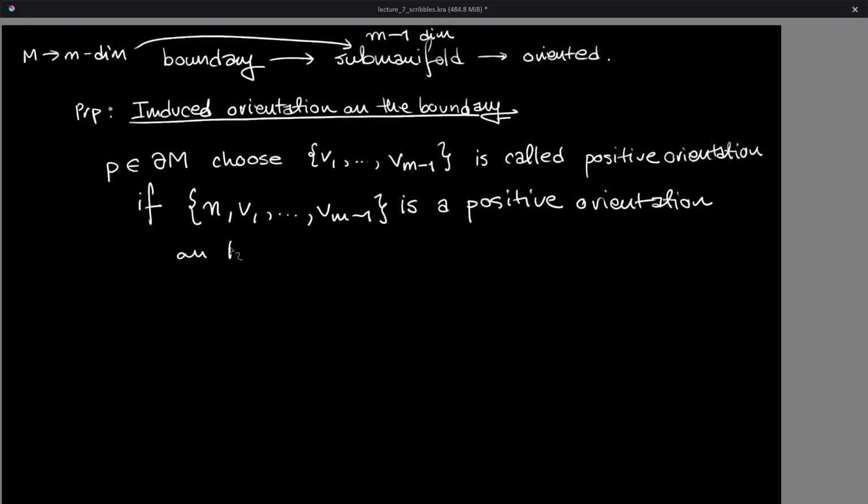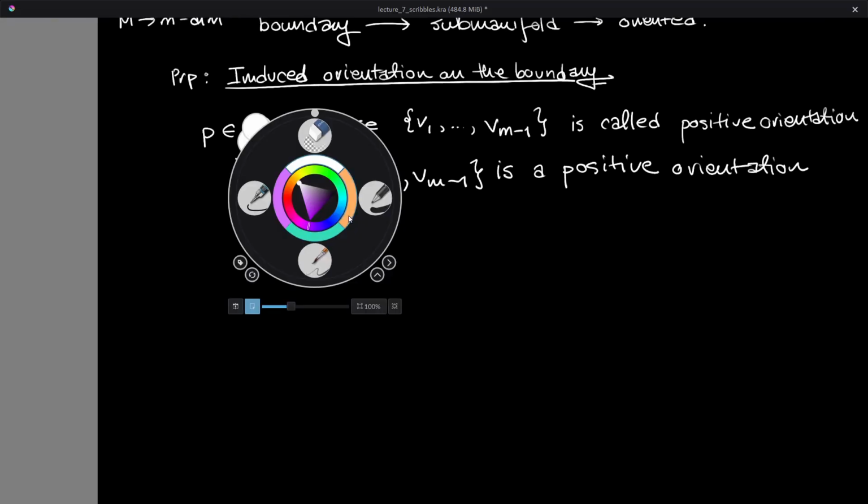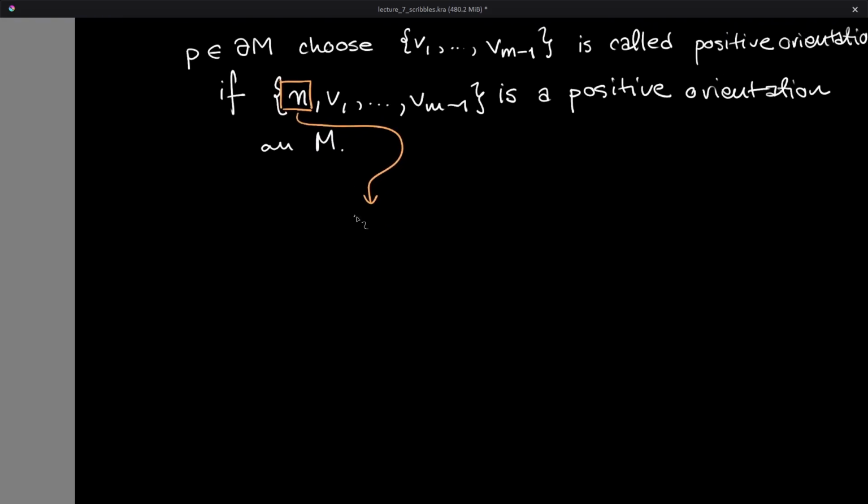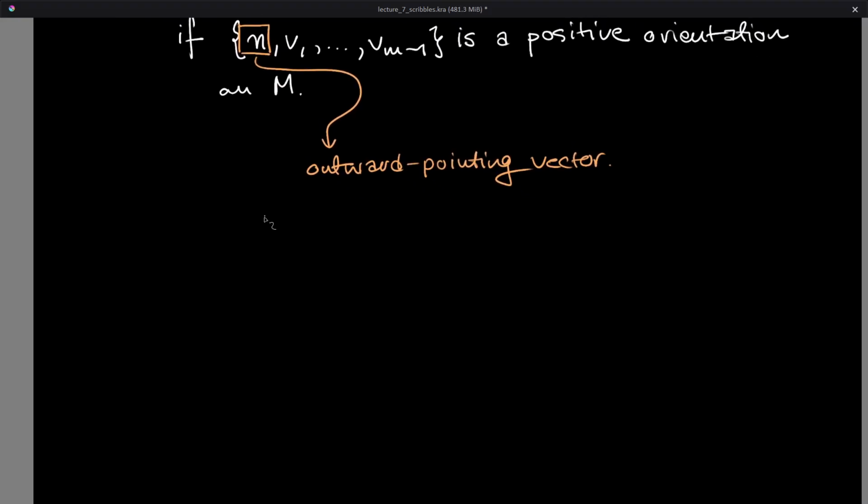on M. What's n? We just defined this strange letter n, which is called the outward pointing vector. What is the outward pointing vector? It is defined like this.